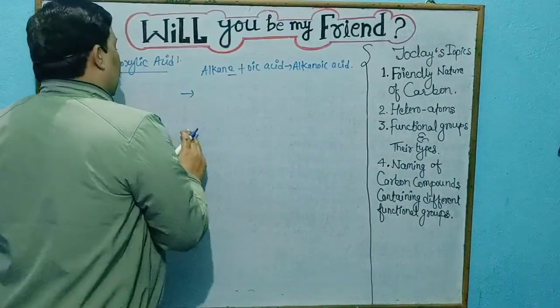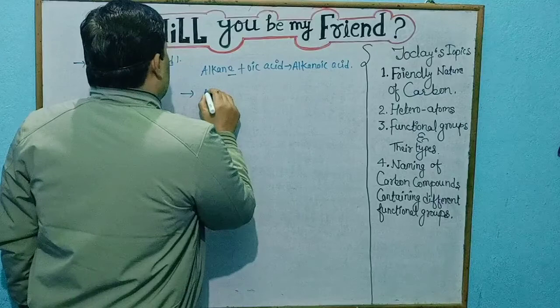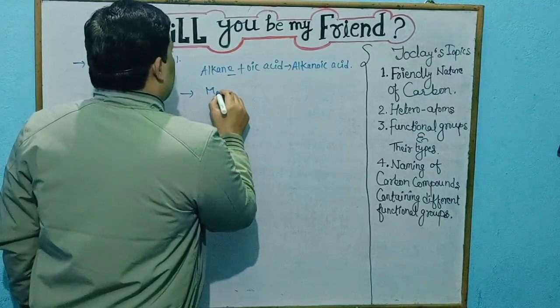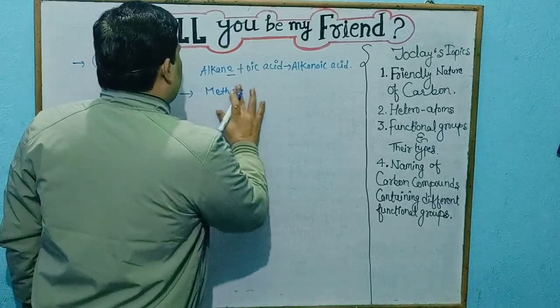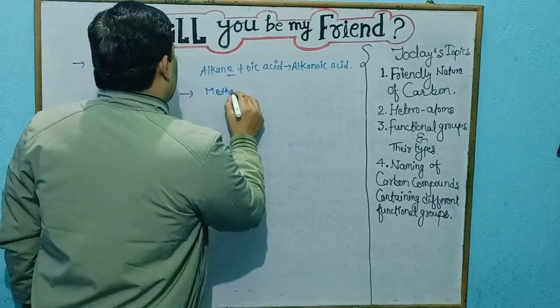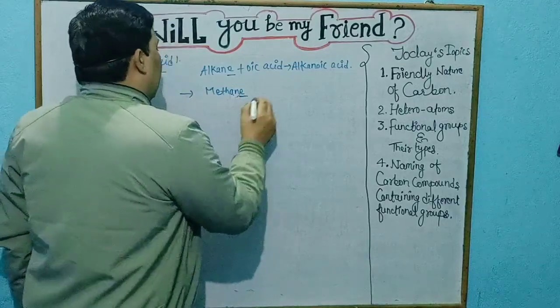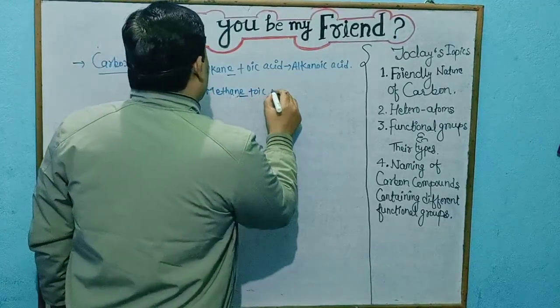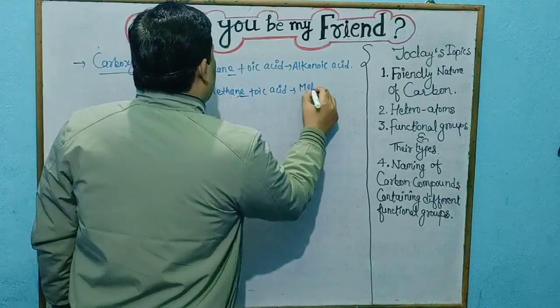So the name of the acid containing one carbon atom is: we replace the E of methane and add OIC acid to it as suffix. It becomes methanoic acid.